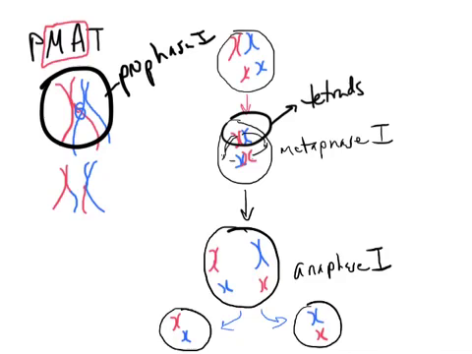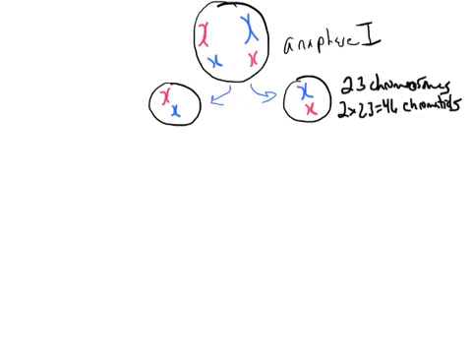So, in humans, at the end of this first meiotic division, now you have 23 chromosomes, but a total of 46 chromatids. So meiosis 1 is really the place where there's big differences between meiosis and mitosis.